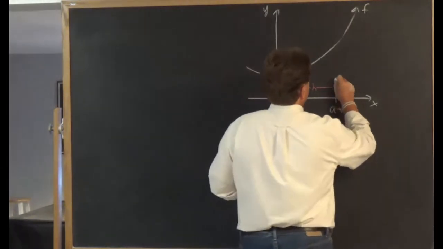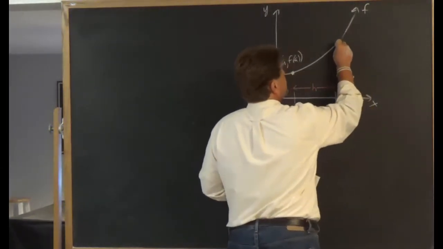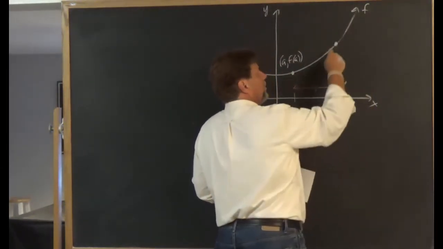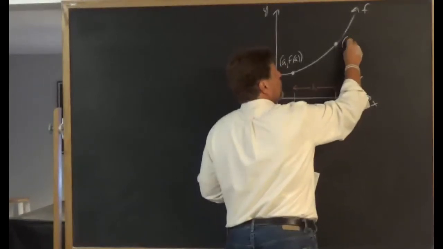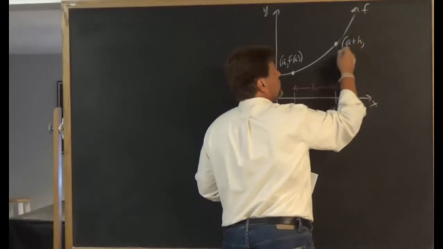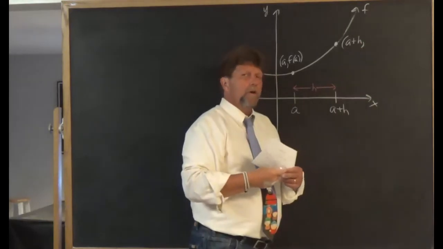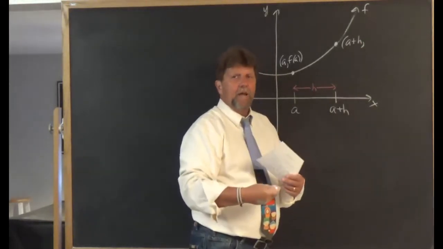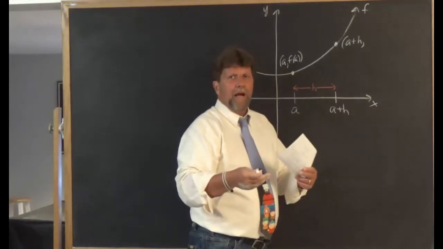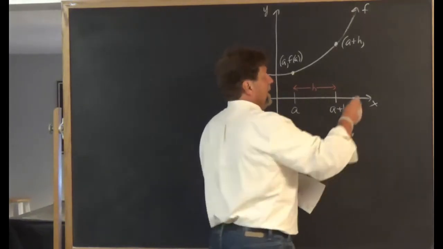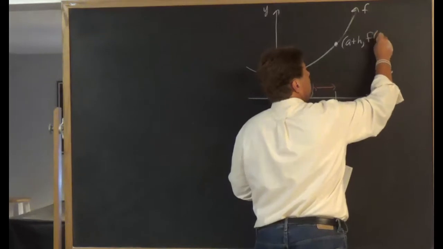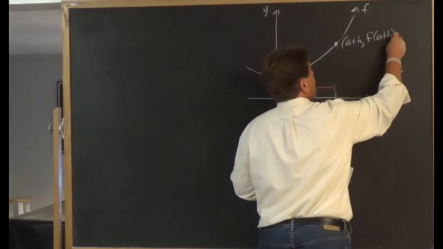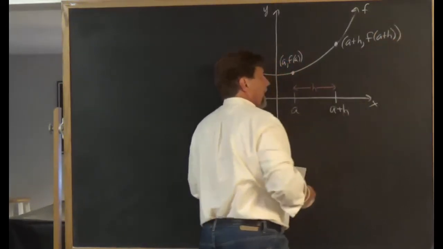So let's find the coordinates of that point. We know this point has an x-coordinate of a plus h. Its y-coordinate would be found by evaluating the function at a plus h. The only way I have of representing that is f of a plus h.